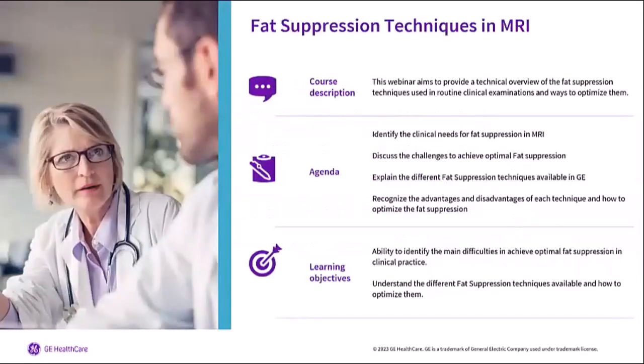In this session, I will give a technical overview of the fat suppression techniques used in routine clinical examinations and ways to optimize them. I will be focusing on fat suppression only, so other suppression techniques such as water suppression will only be briefly mentioned.